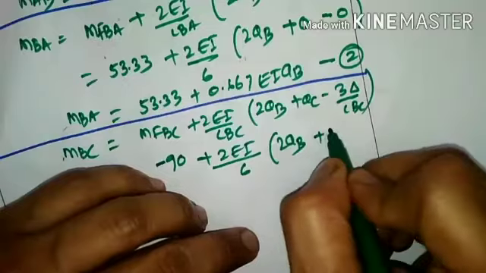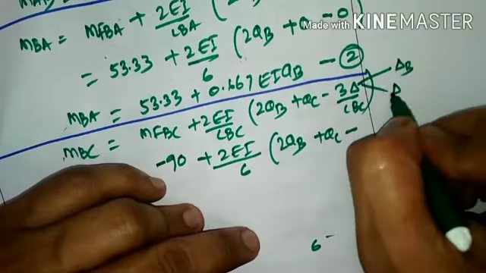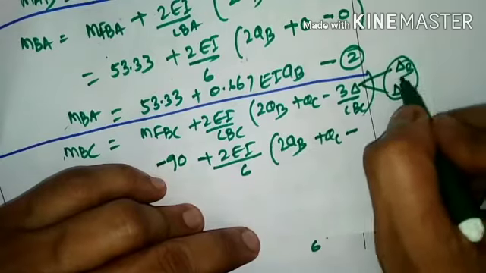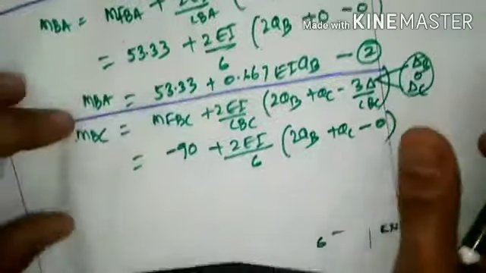Now delta will be related to either delta B or delta C. Since both the values are not given, you are going to consider it as 0. So the next value is 0 here.